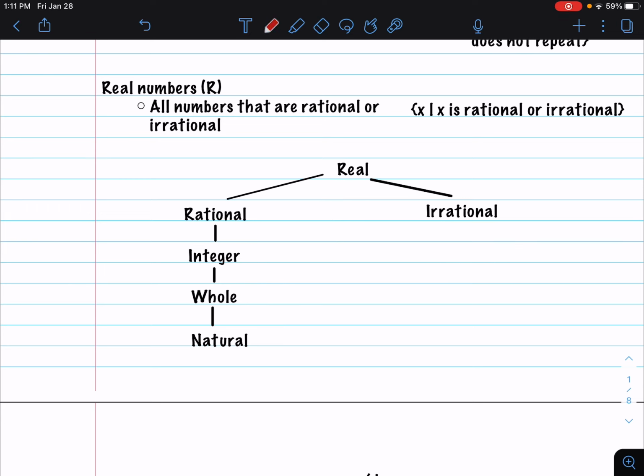So say we had 3. 3 is natural, whole, an integer, a rational number, and a real number. But 0 is a whole number, an integer, a rational number, and a real number, but it is not a natural number.